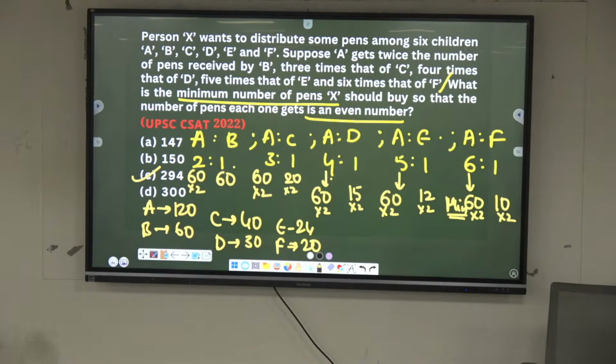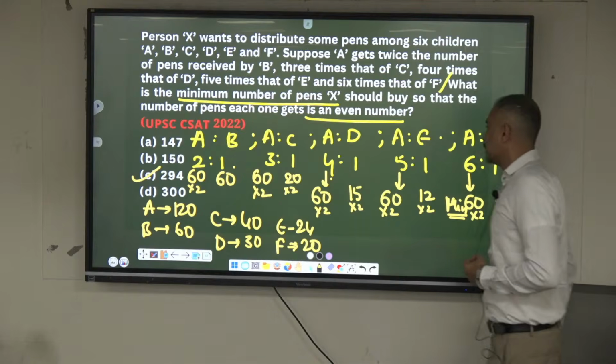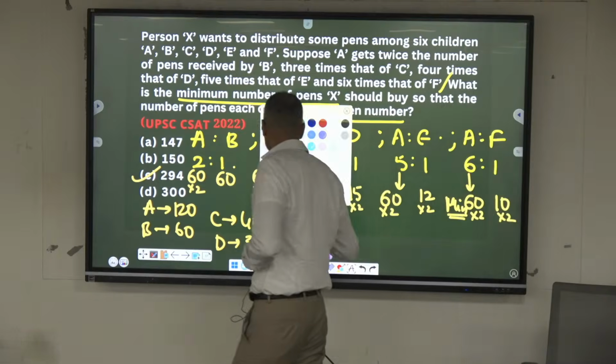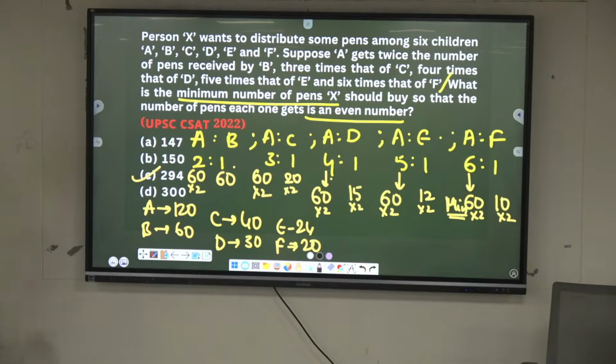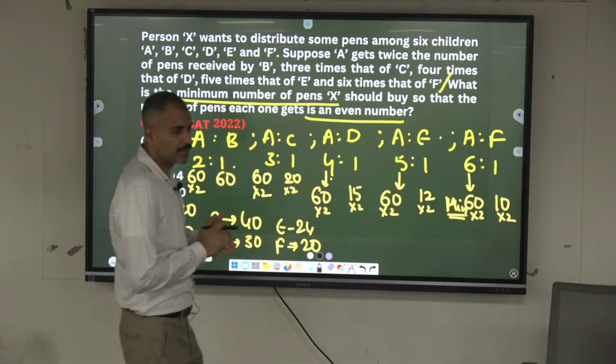So multiply 2 to anything, it becomes even. Okay? So LCM into 2. Any doubt, sir?